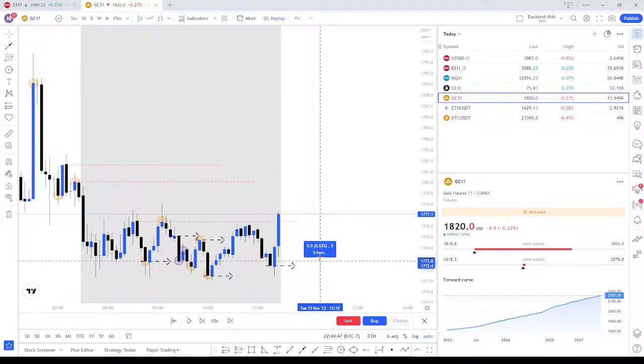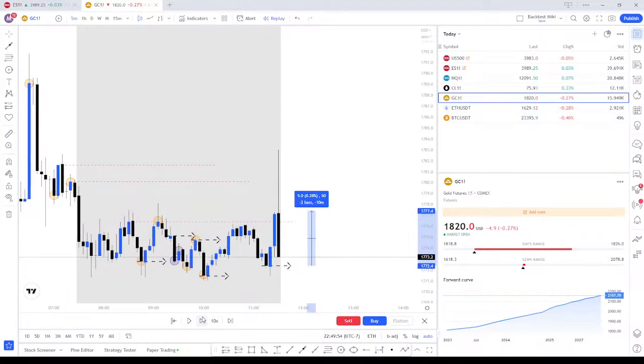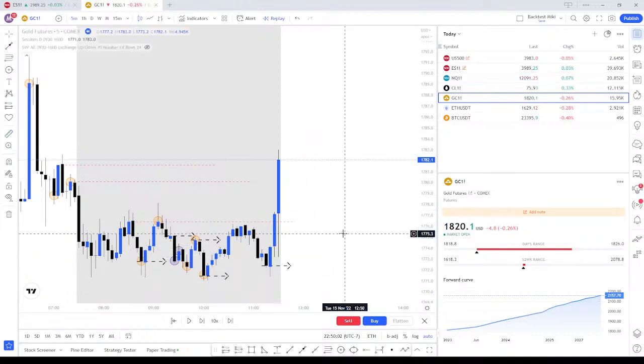Alright, if we're in this trade here, just about hitting 5 right now. Oh, this should have stopped us out, and that would have been annoying as hell. Oh my god, it would have stopped us out so hard before going up.